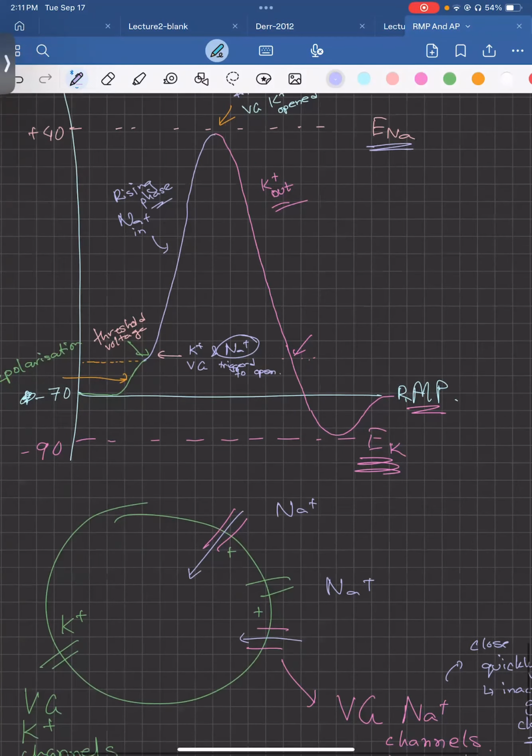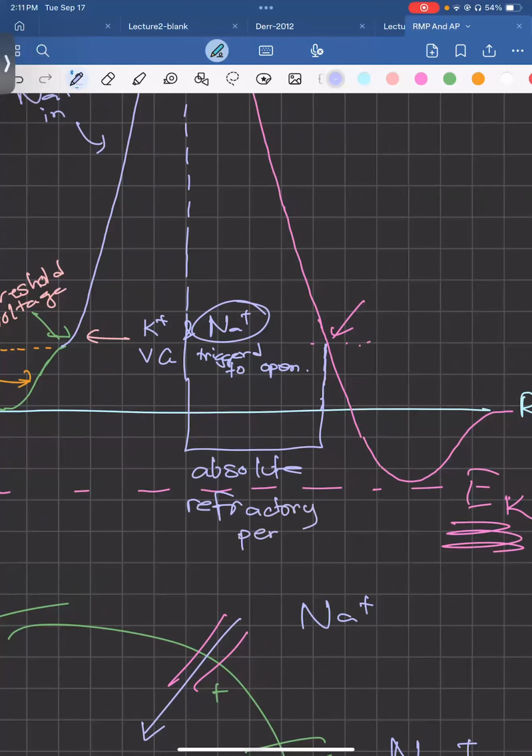So from this point to around the point where threshold is reached again, this is called the absolute refractory period. Just because no matter how positive the cell becomes or how much you try, the voltage gated sodium channels would not open. They are inactivated, right? They would not open. So that's the absolute refractory period.